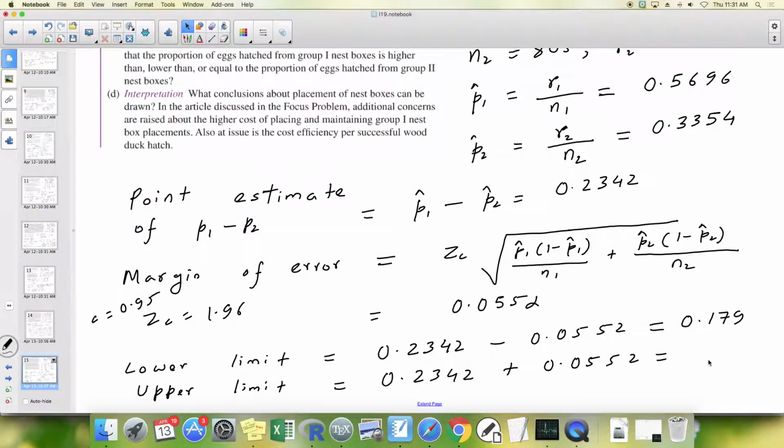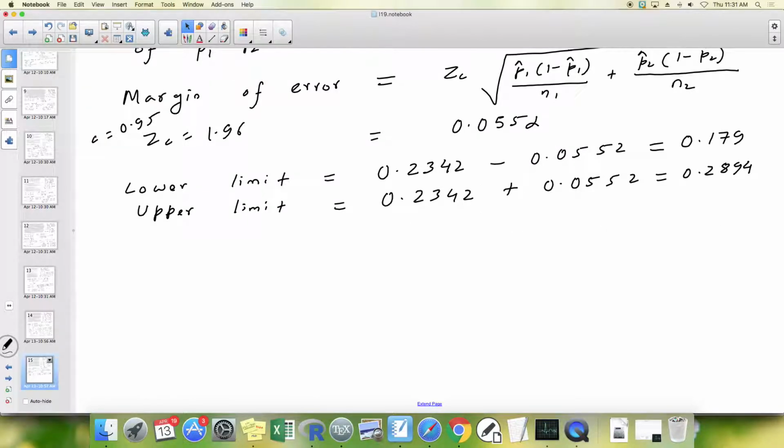So 0.2894. Now once again, the confidence interval, so 95% CI is 0.179, comma, 0.2894. So it's like positive, comma, positive.